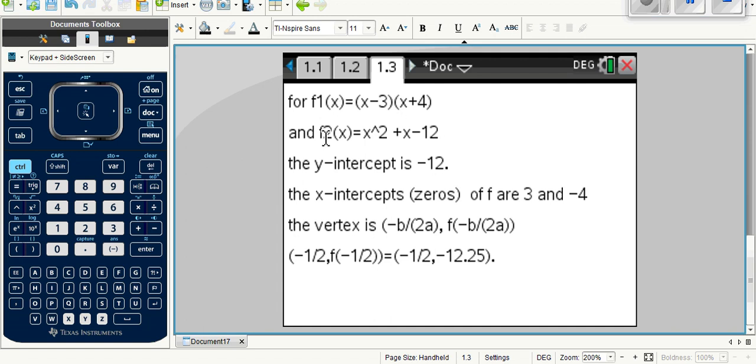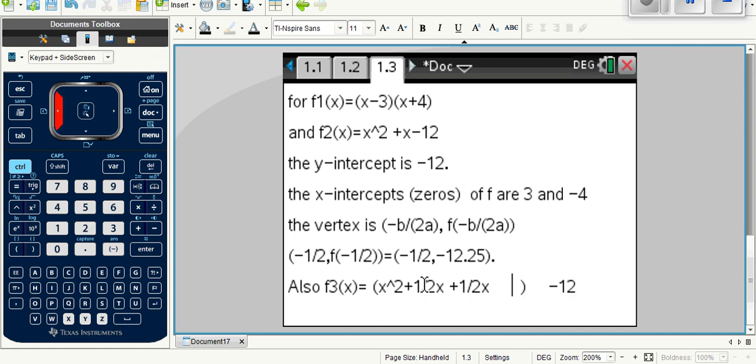Okay, one more thing. We have factored form, standard form, and of course, we could also have gotten the vertex by completing the square. You would write x squared plus, see that x we have to split in two. So that would be half x plus half x, close the parentheses, leave a space, and the minus 12.